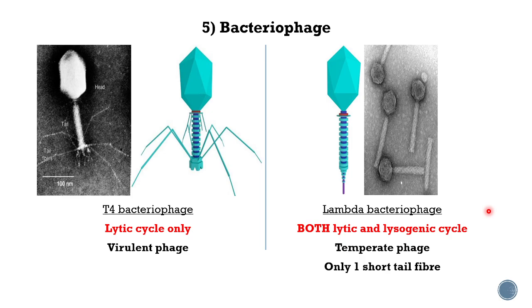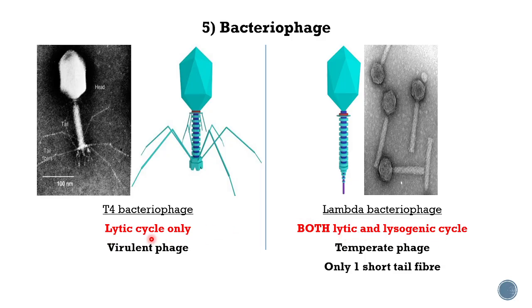So in your syllabus, there are two phages that are more important. Because if you look at the learning outcome, there are two types of reproductive cycles with bacteriophages. We have the lytic cycle, and the lytic and lysogenic cycle. The Lambda bacteriophage is specifically mentioned in the learning outcome because it is the example that makes use of both the lytic and lysogenic cycle.